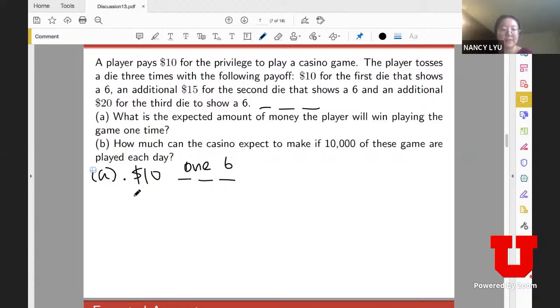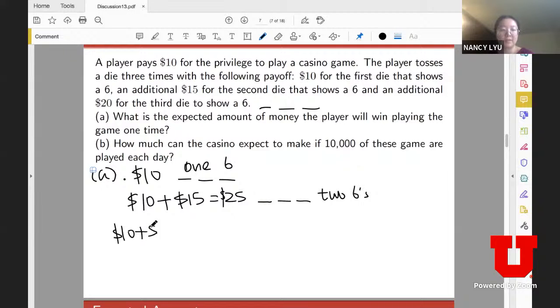And the player will win $10 plus an additional $15, and that gives you a total of $25 for a second die that shows the 6, which basically means two 6s. And an additional $20 for the third die to show 6.